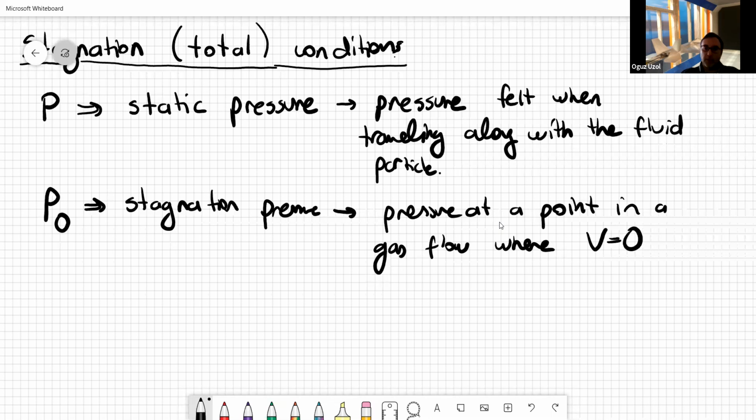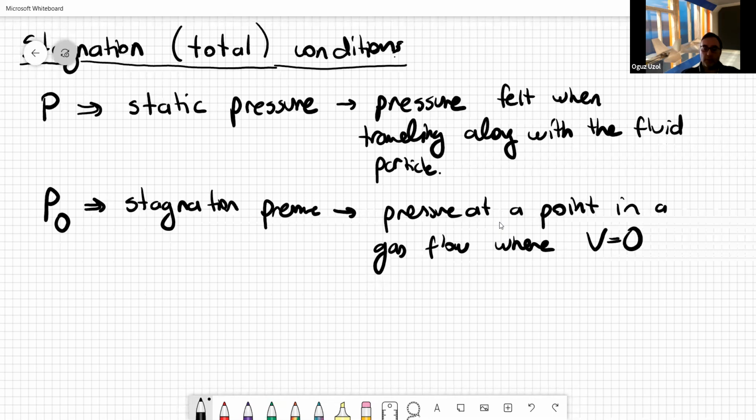In aerodynamics 1 class, we have seen stagnation points where the flow actually stagnates. The word in English, stagnant, means not moving, right? Nothing is moving. So stagnation means where fluid is not moving, so therefore velocity is zero, and the pressure level at that point where velocity is zero is called stagnation pressure.